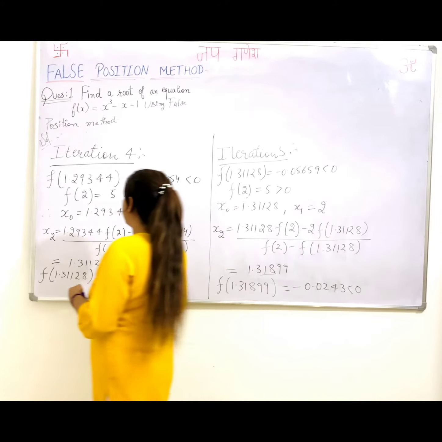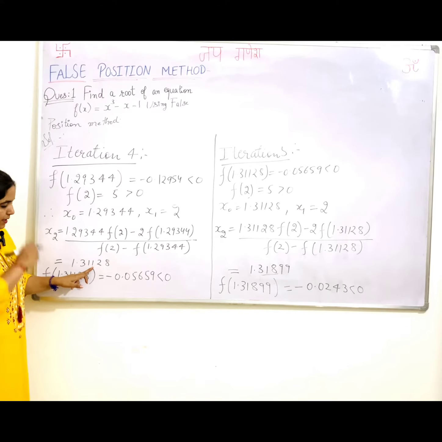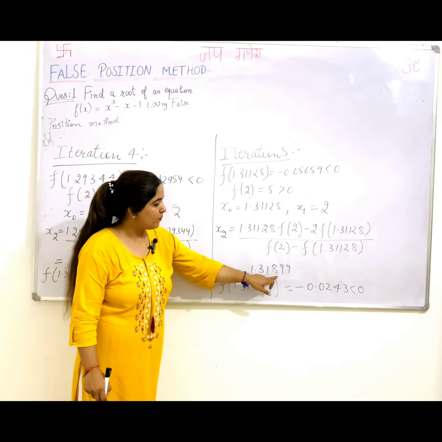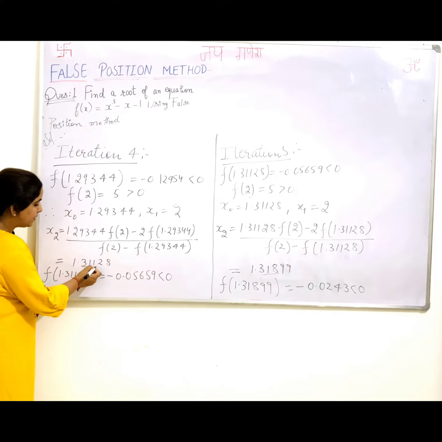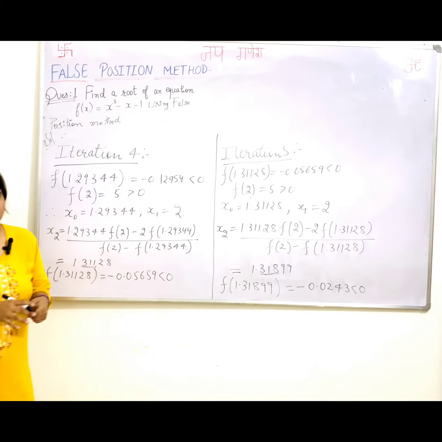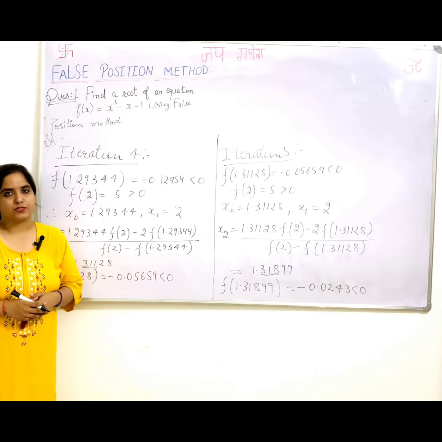So we will compare here. Equation 4 has the answer 1.311, but equation 5 has the answer as 1.318. So you can see the 3 values after decimal is not same till now. So this is giving us the idea to go further for the equation 6.